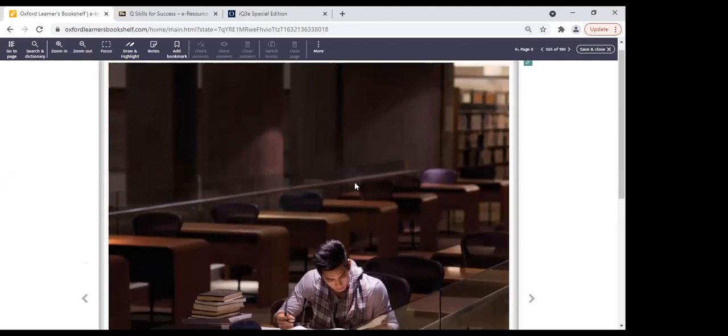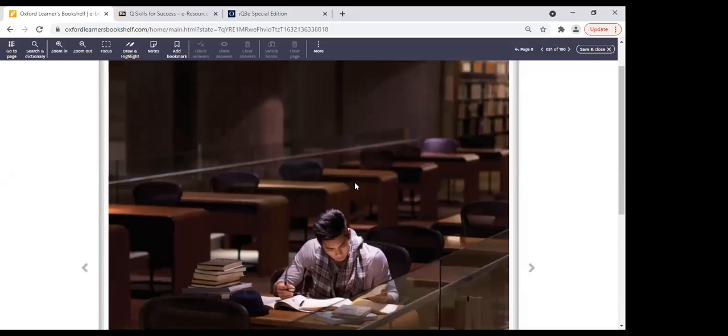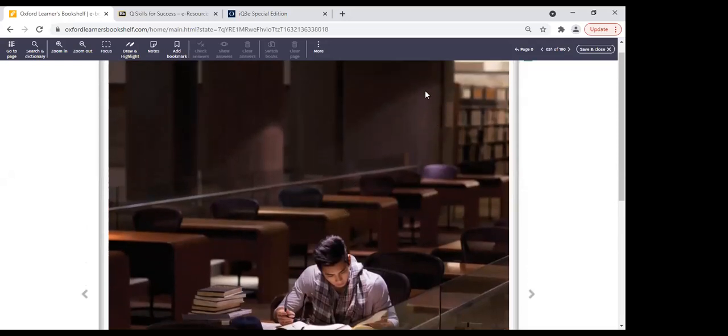In college. Okay, in the college, yeah. Does anyone else maybe think about this room? What is this room? So it could be in the college. Library. Okay, good. Yeah, in a library.